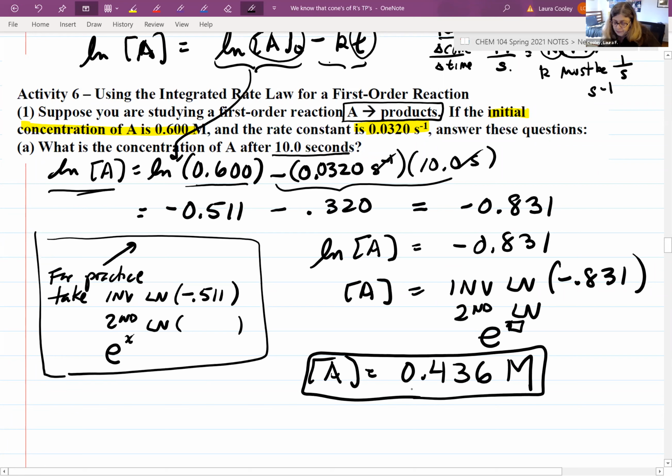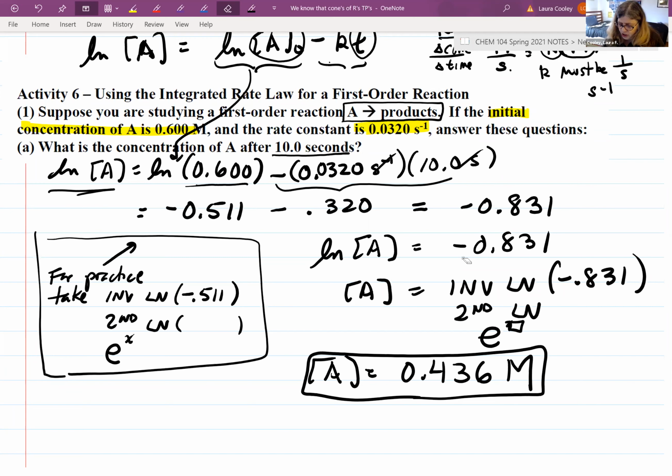So here's the thing. Students will look at this and they'll think they're done with the problem. But they're not done with the problem. So what they'll do is they'll say, oh, I got negative 0.831. Oh, it can't be negative because it's a concentration. So they'll just change the sign and say, oh, it's 0.831. So give me one reason why that number makes absolutely no sense.